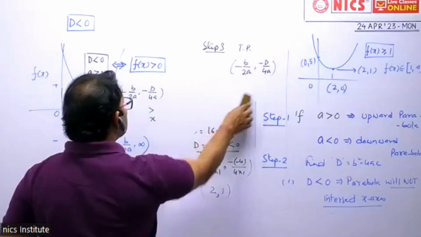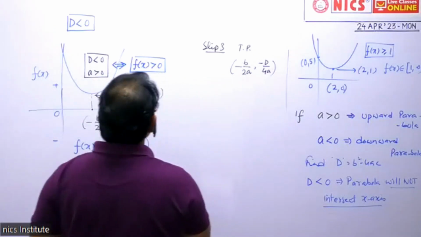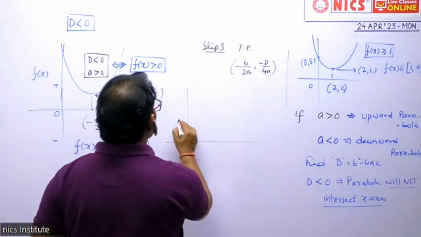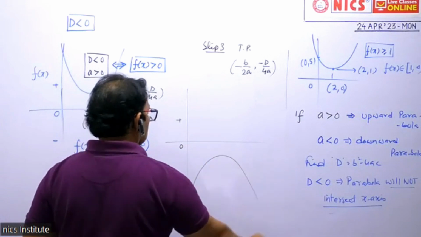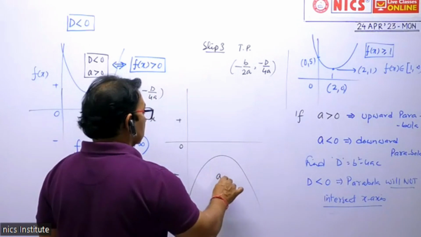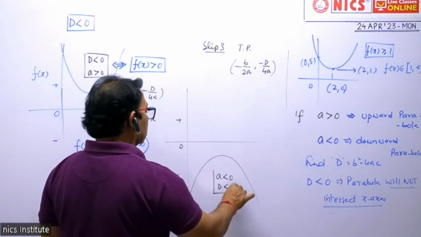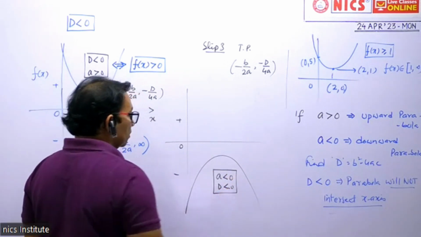What if A is less than 0? What if A is less than 0 and D is also less than 0?